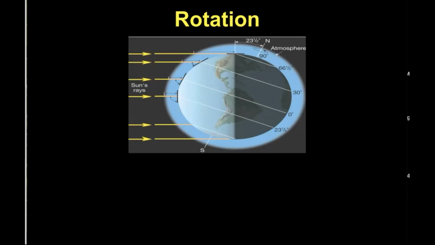Let me get your hands here. Let me lower your hands now. How much time does it take for our planet to rotate once around? What do you think? So our planet rotates on its axis, tilted at 23.5 degrees.